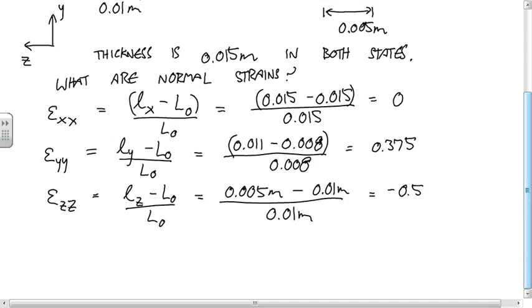So if you are going to put this in the Voigt strain, there are no shear strains. How do I know there's no shear strains? We haven't talked about how to calculate those yet. But remember, shear strains represent angle changes. And so if something starts out with all the angles at 90 degrees, like a rectangular solid, and finishes with everything at 90 degrees, then the shear strains are all going to be equal to 0.